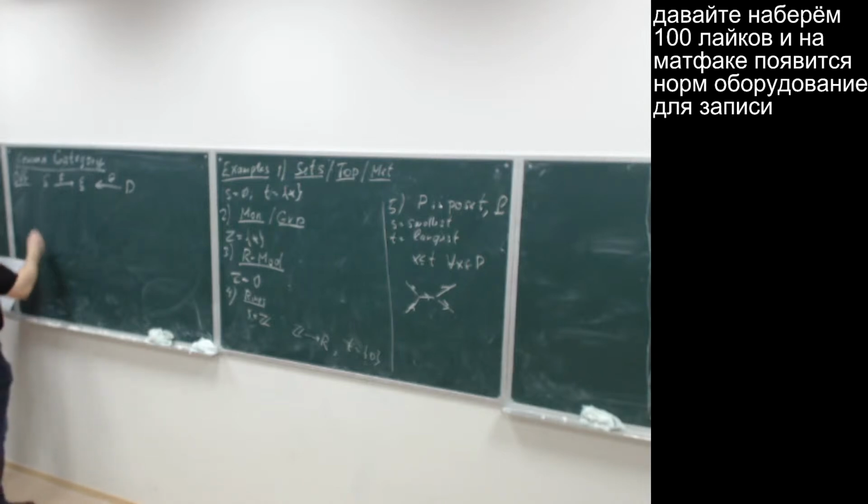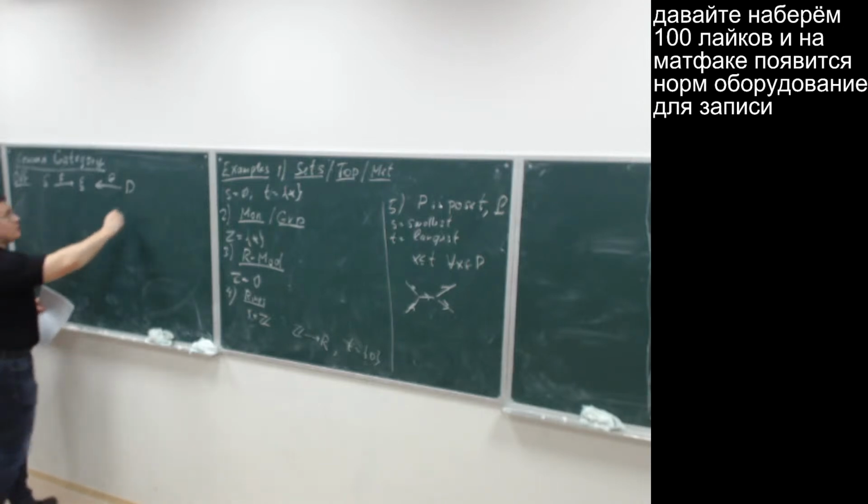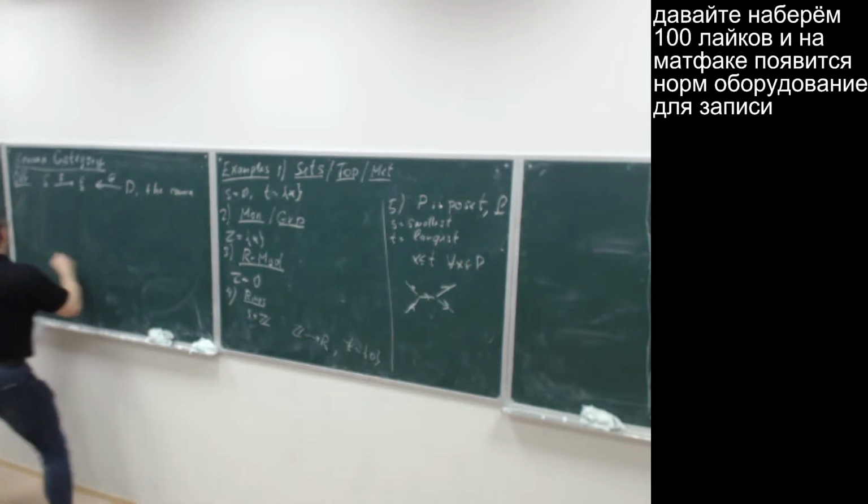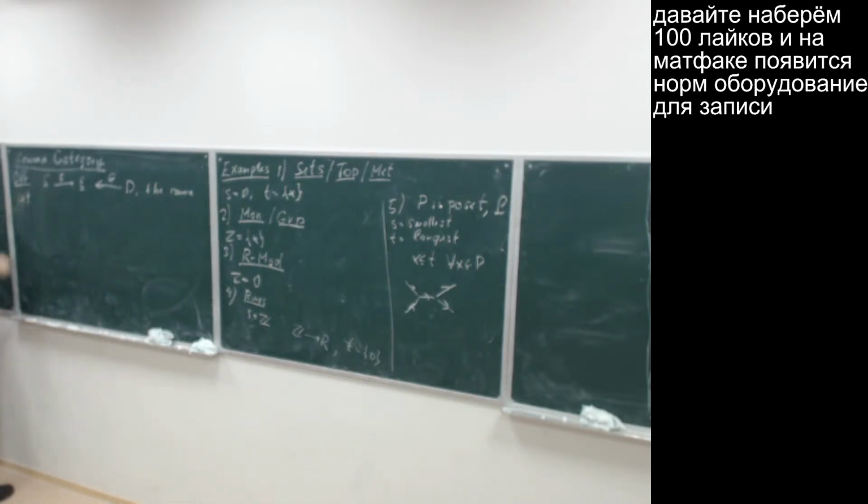Then we have the so-called comma category that depends on these three categories and two functors. The notation is with the downward arrow.